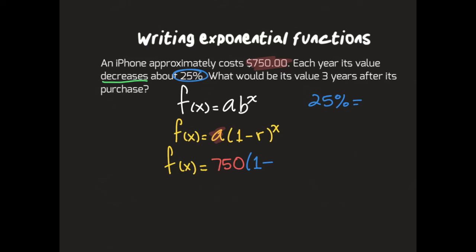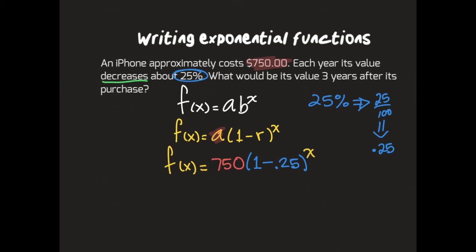I need to change the percentage into the decimal form. If you don't remember, 25% is 25 over 100, which is the same as 0.25. So here I'm going to say 1 minus 0.25, to the x.